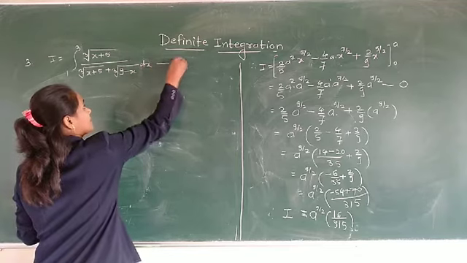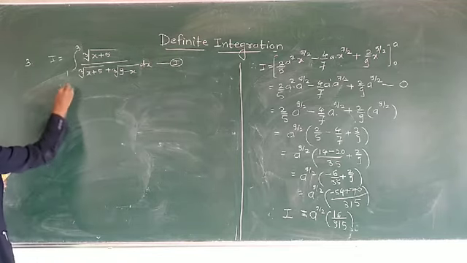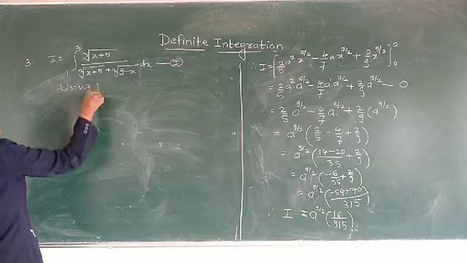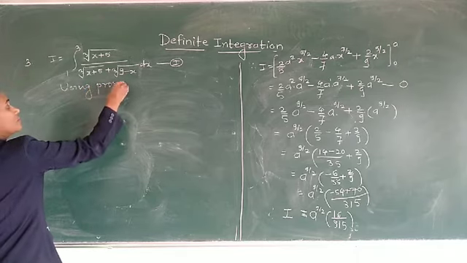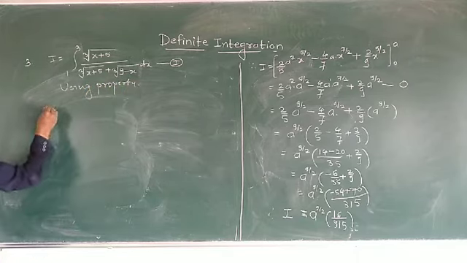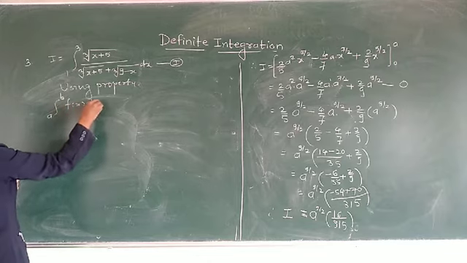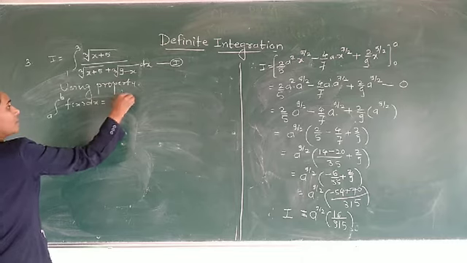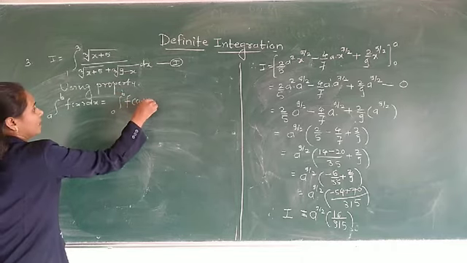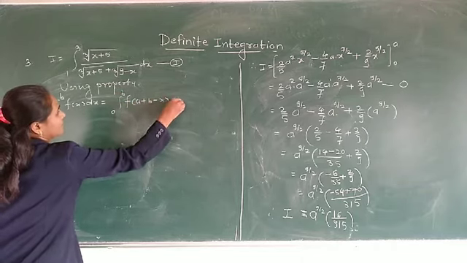Let us call this the first equation. Now again using the property of definite integral, the fifth property: integration a to b f of x dx is equal to integration a to b f of a plus b minus x into dx.